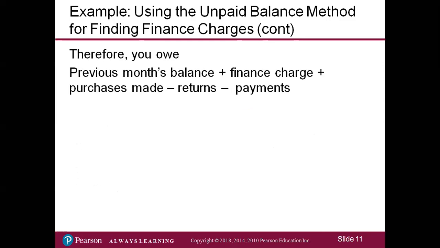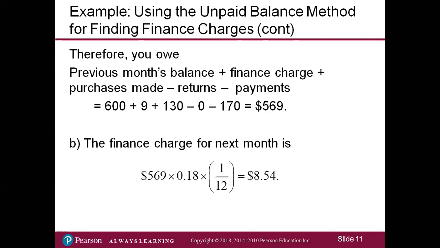Therefore, you owe $600 plus 9 plus 130 minus 0 minus 170 for $569.